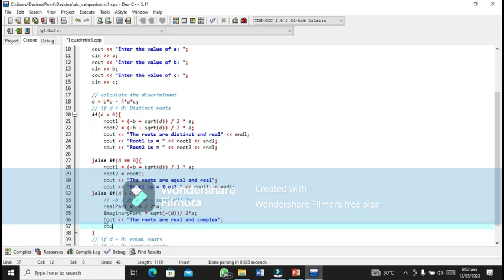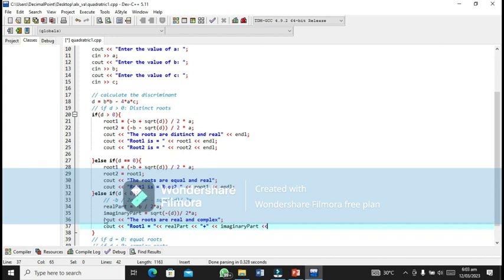Yes. Then we can limit this. We have cout. We can now have root 1, which is equal to your real part, concatenated with plus, then concatenated with the imaginary part.